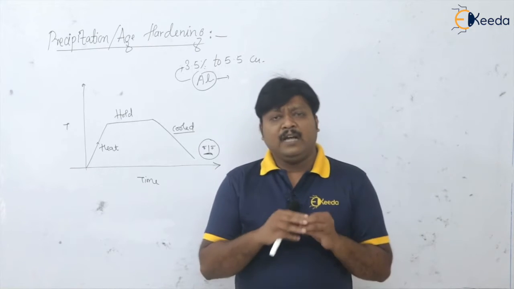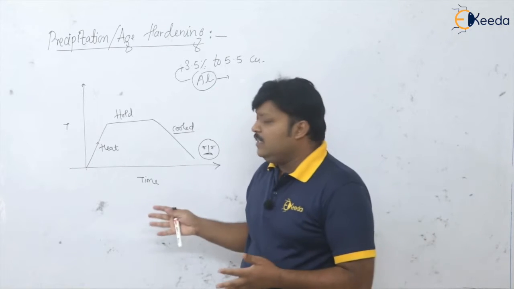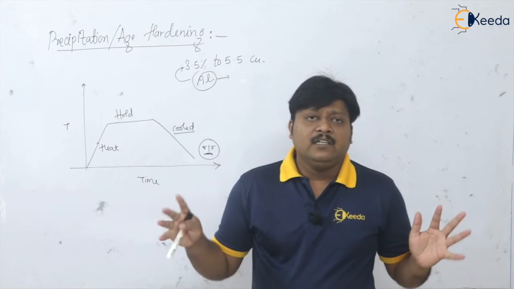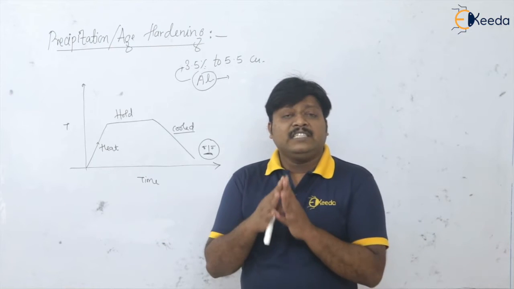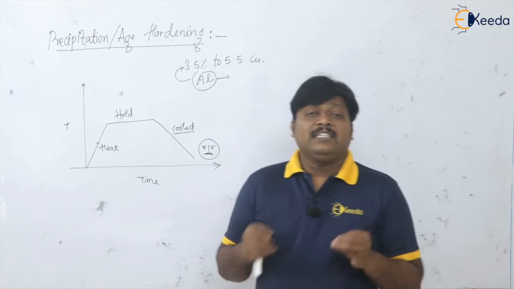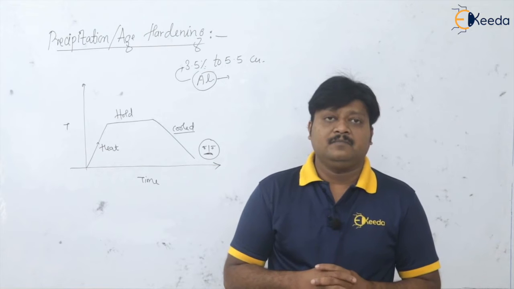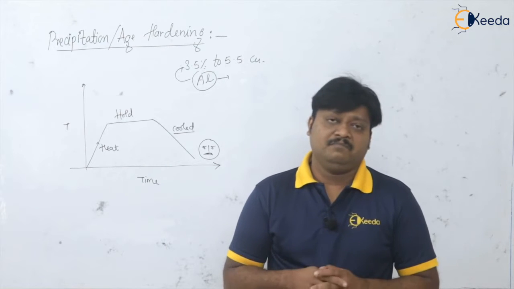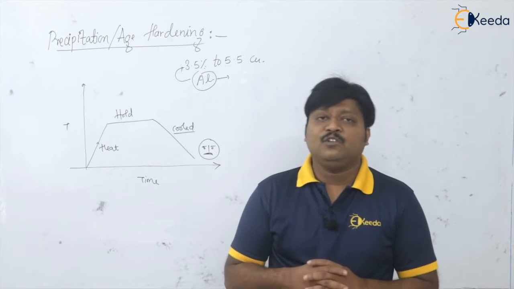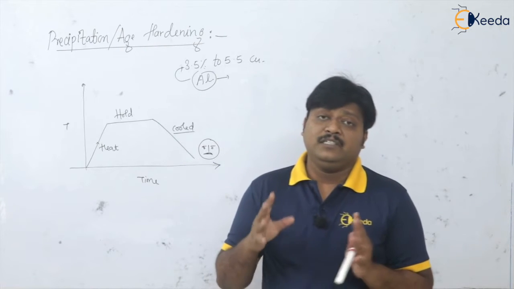So he used this variable for the quenching; he varied all the possible quenching rates or cooling rates, and also he varied the composition, but the result was the same. He was not getting any increase in the hardness of the specimen.